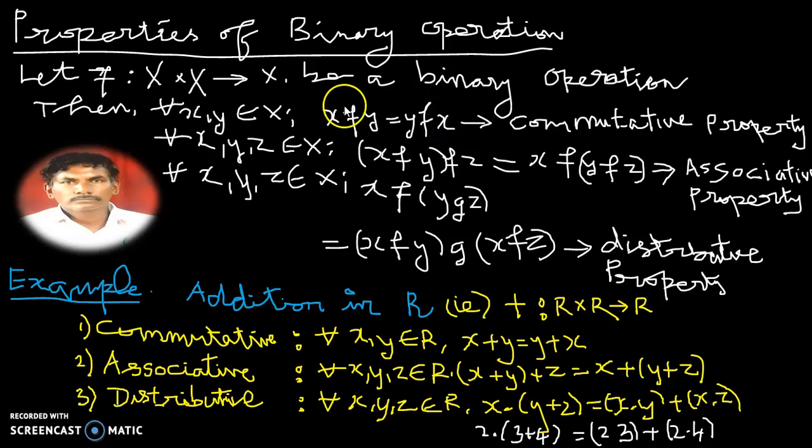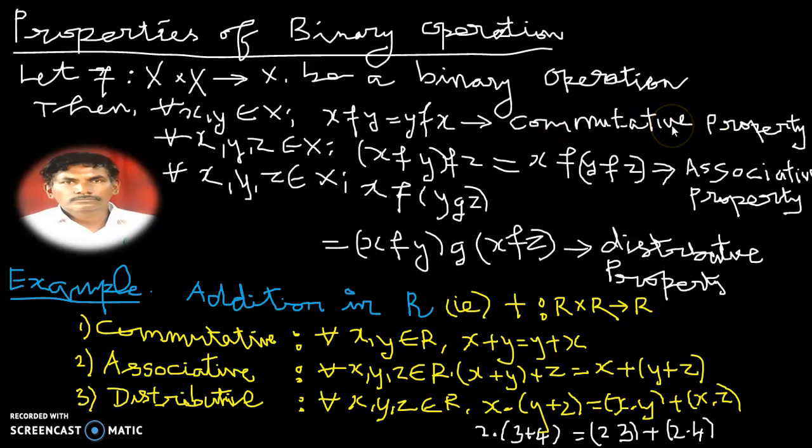That means we can apply the binary operation either way. Taking the first element first, then applying the binary operation with the second element, is exactly equal to taking the second element first and then applying the binary operation. So this property we call the commutative property.